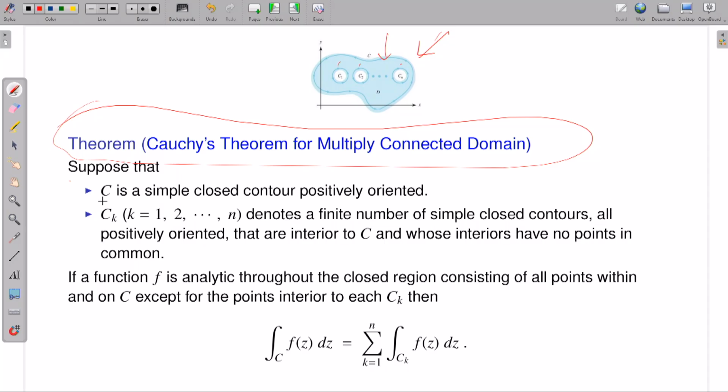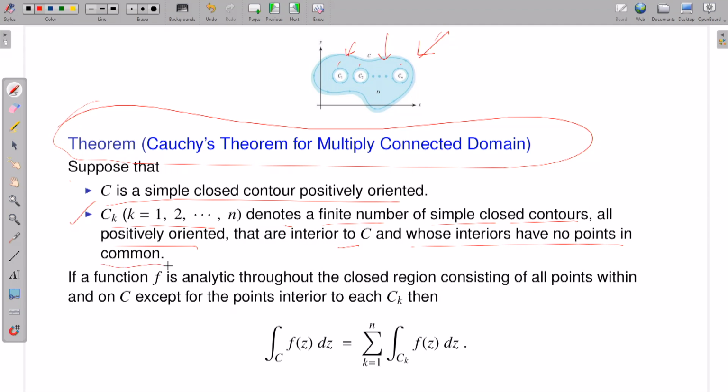Now suppose C is a simple closed contour, positively oriented. This is the top contour C. Since you have finitely many holes, Ck denotes a finite number of simple closed contours, positively oriented, that are interior to C and whose interiors have no points in common.